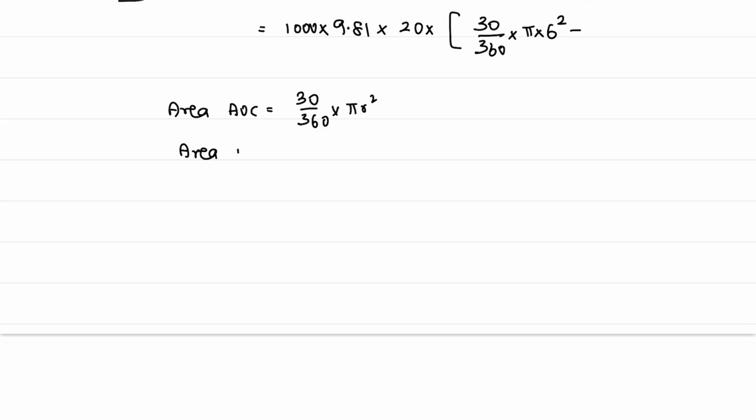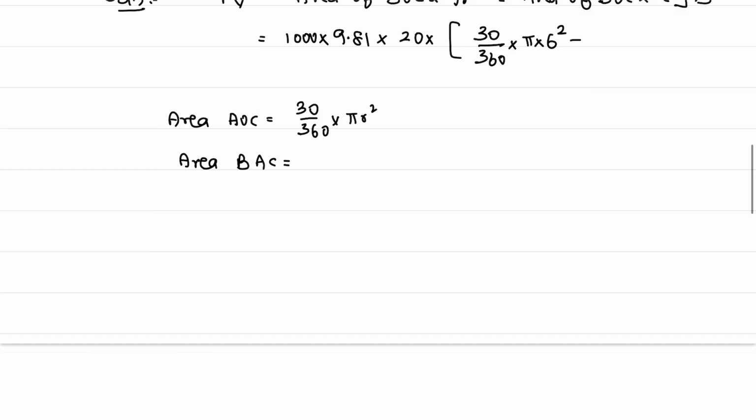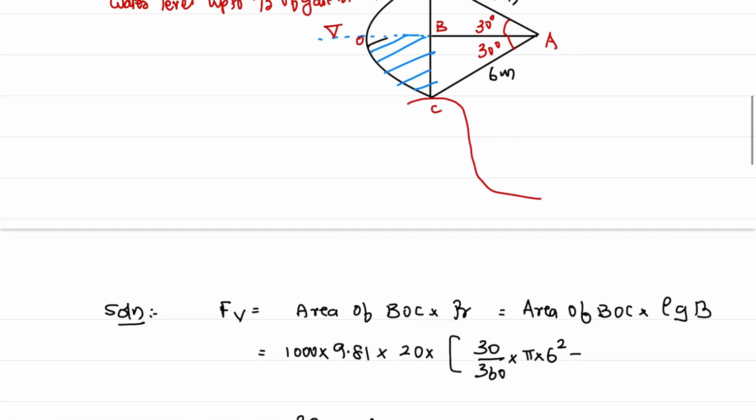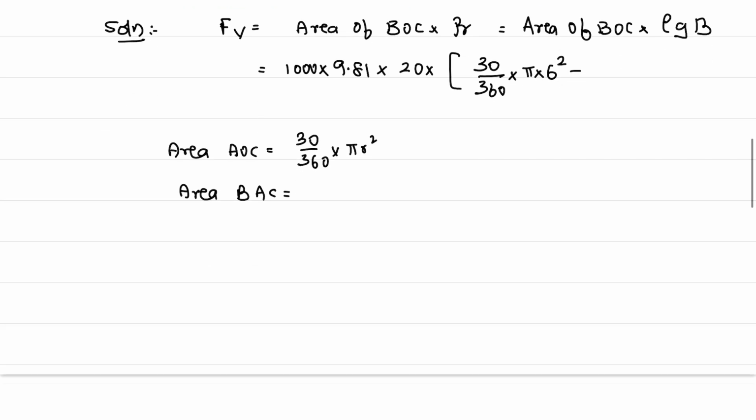Area BAC is the triangle BAC area, half into BA into BC. BA we have already found out.